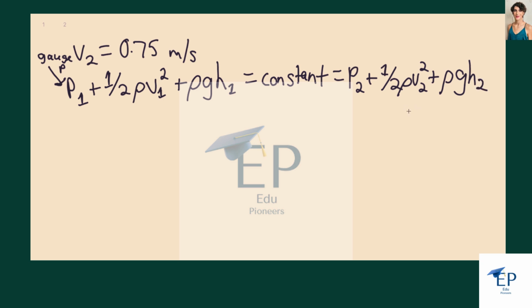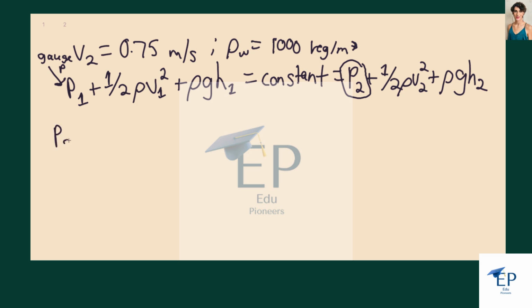Now here we know the density of water is going to be 1,000 kilograms per meter cubed. And we simply have to isolate this variable right here because they're asking for the gauge pressure in the second section of the pipe.